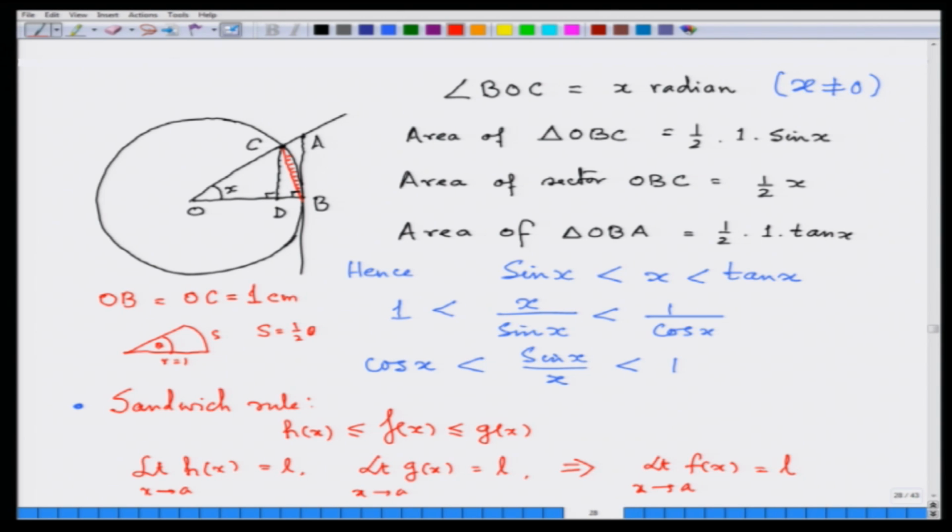Here, the limit of cos x as x tends to 0 is 1, and the limit of 1 as x tends to 0, because it is independent of x, is just 1. So f is sin x by x, g of x is just the constant function 1, and h of x is cos x. In our case, the limit of cos x as x tends to 0 is 1 and the limit of 1 as x tends to 0 is 1.